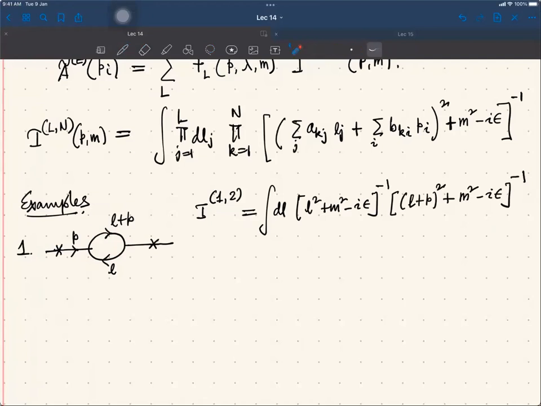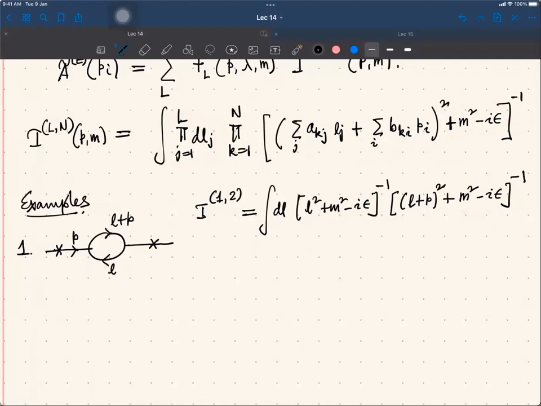So you see it's a product of capital N factors, capital N being 2 here. In each factor, m square minus i epsilon is always sitting there, but then there is a momentum part, which is some linear combination of L's and P's, squared. That is the structure here, and then there is an integral over the loop momentum.